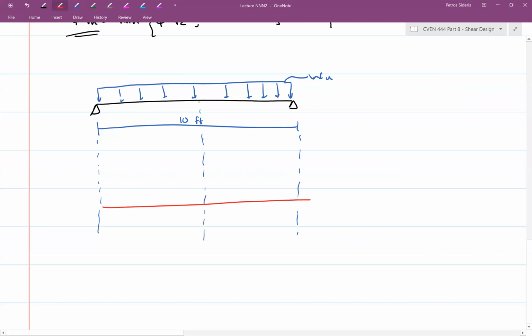Let's say that would be my V of X. And when I draw this shear force diagram, I would have a line that looks like this.